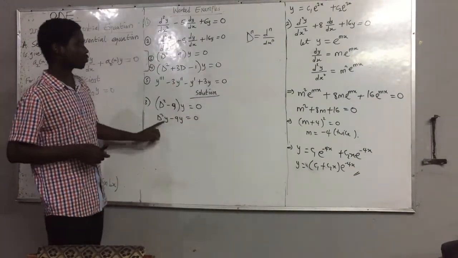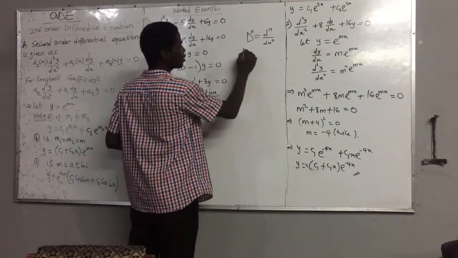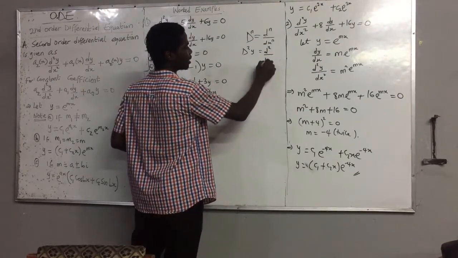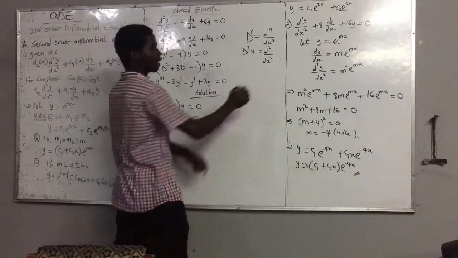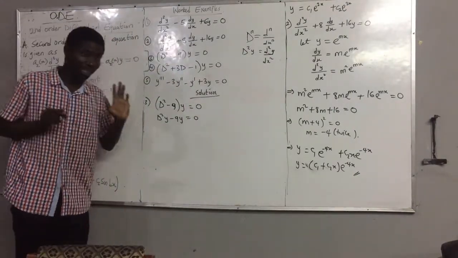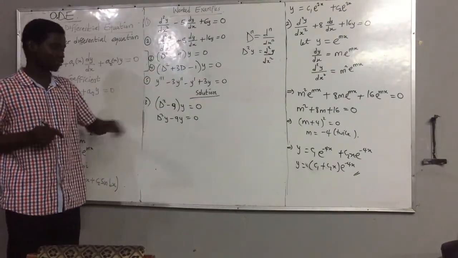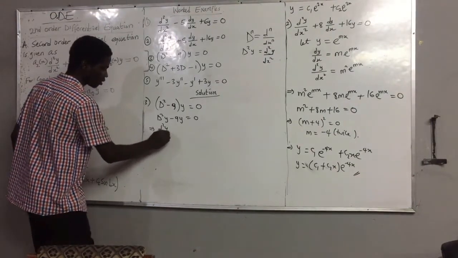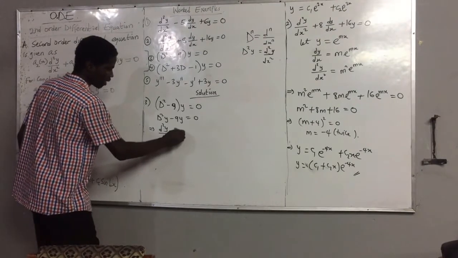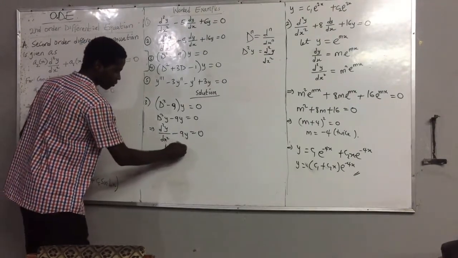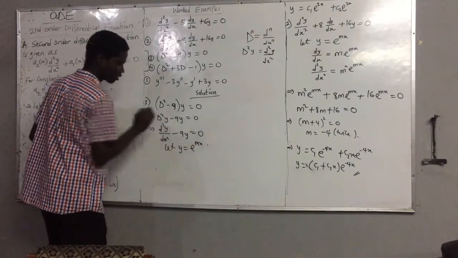So D squared y means d squared over dx squared. If you now put y, it's d squared y over dx squared. So let me write it well for you so that you will see it. This is d squared y over dx squared minus 9y. So let y be equal to e raised to power mx.